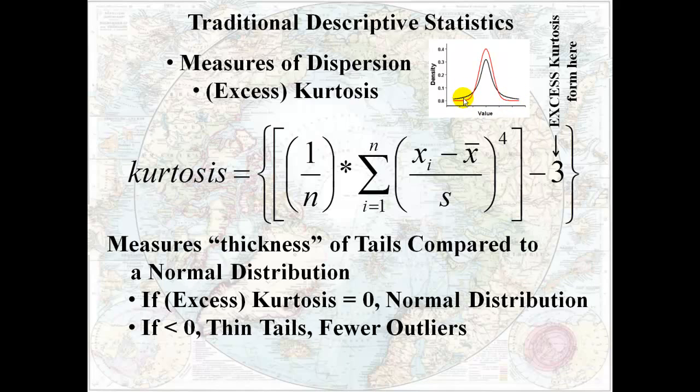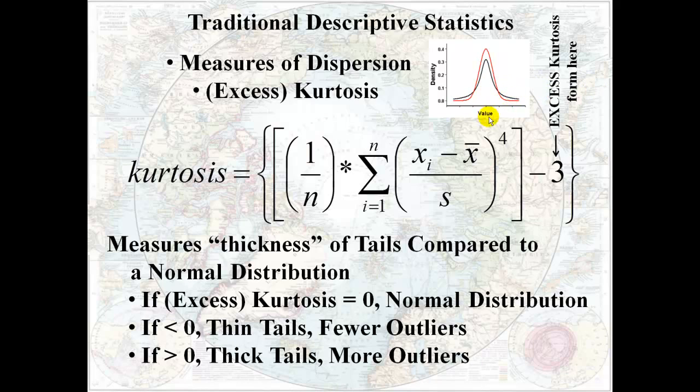So negative kurtosis, fewer outliers. If you have positive kurtosis, you're going to have more outliers. So this is a valuable measure to give you an idea of how your data compare in terms of dispersion to the mean, and how many outliers or percentage of outliers that you might need to look at closely and take out of your sample if the outliers for one reason or another should not have been contained in your sample.